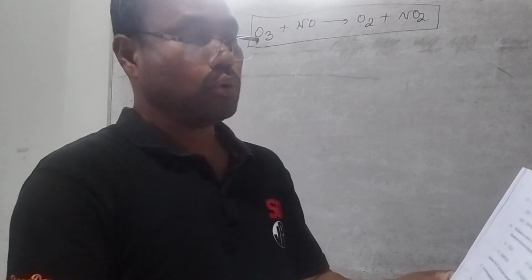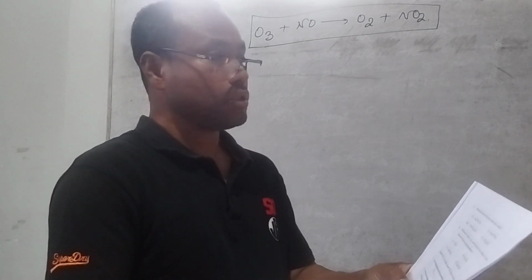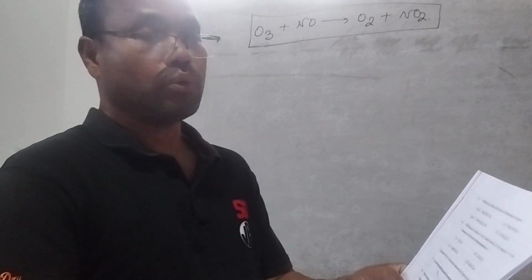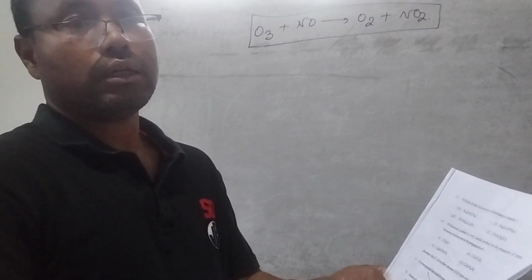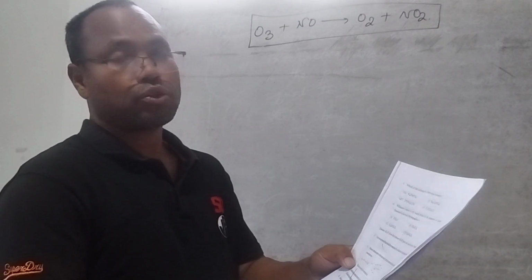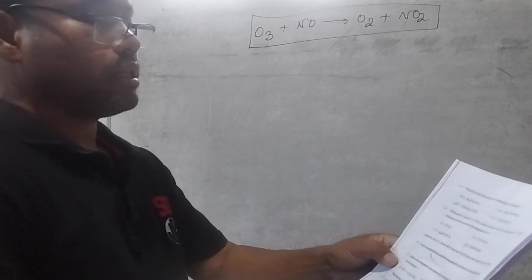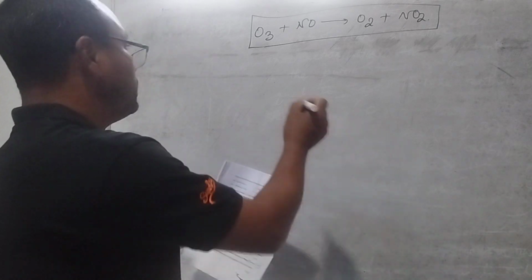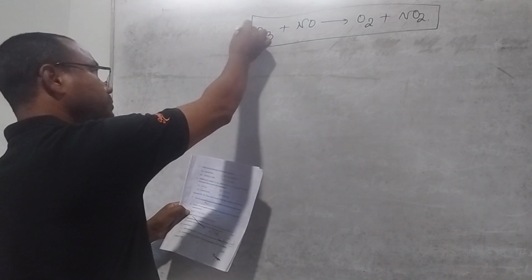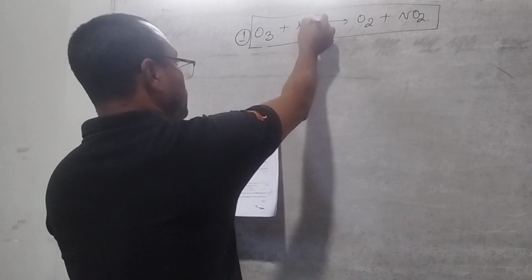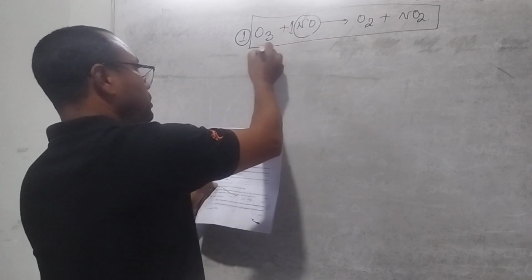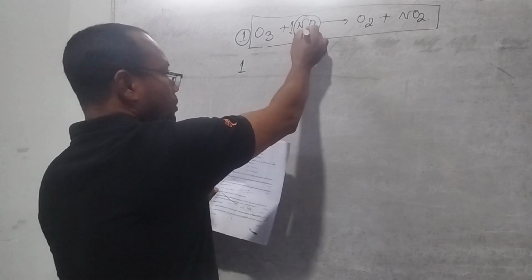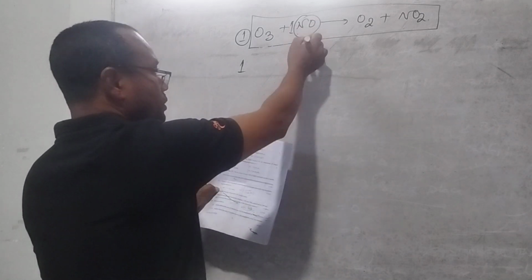Therefore NO plays a very important role in this reaction, so the concentration of NO also affects the rate law. Therefore, what should the rate law be? In this elementary reaction, what is the stoichiometric ratio? The coefficient is 1. How many ozone here? 1. How many moles of NO here?